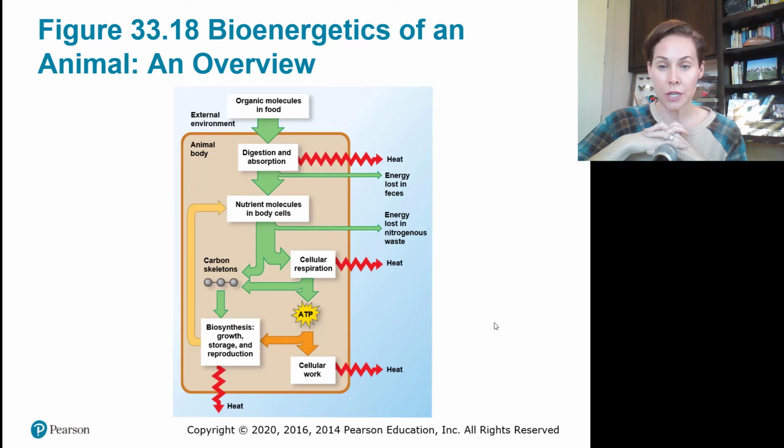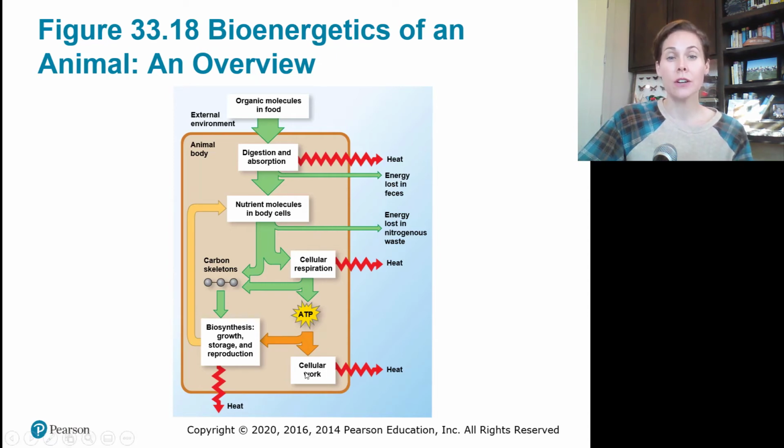We lose energy in nitrogenous waste, as in urine. Cellular respiration occurs after the body cells take up all the nutrients, and so we lose more heat. But this is an idea of how energy is transferred. It's a lot of potential energy in that hamburger, and this is all the actual energy that's happening, kinetic energy.